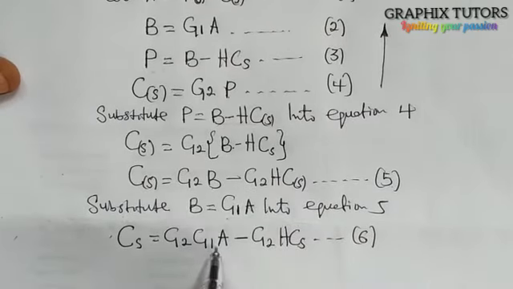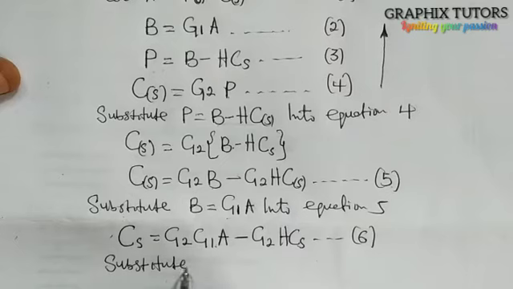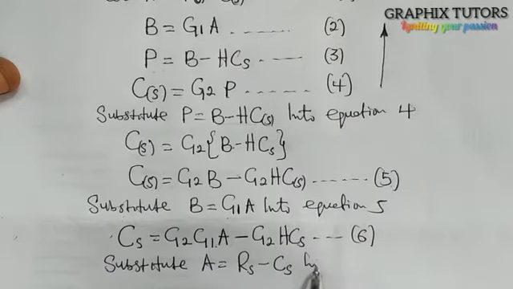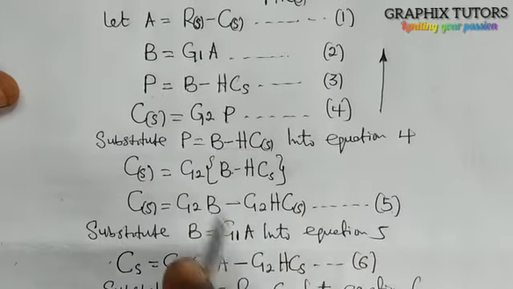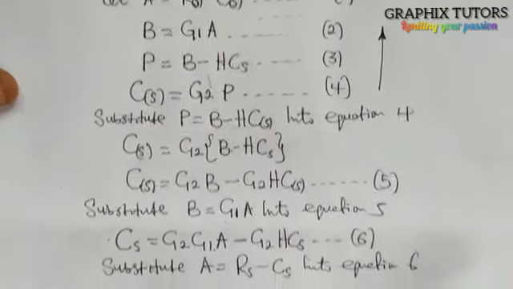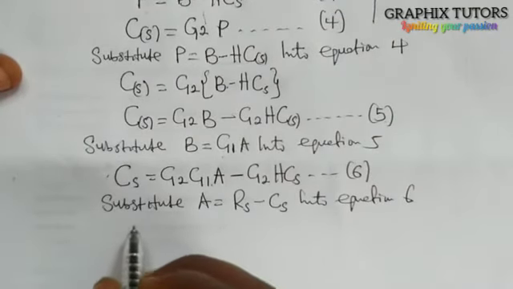Now what am I having here? I'm still having a constant which is A, so I'll substitute A equals R(s) minus C(s) into equation 6, right? And what is A? A is R(s) minus C(s). I'll put it into equation 6.